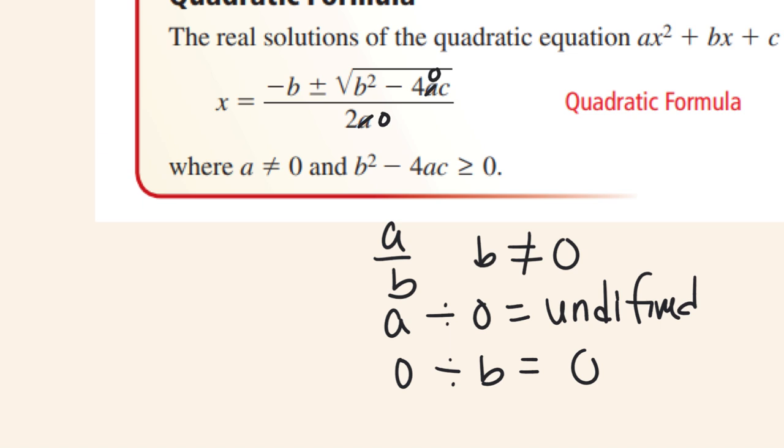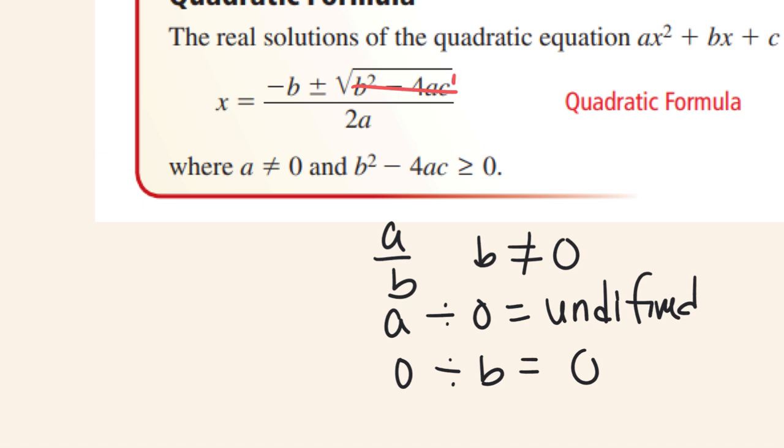And b squared minus 4ac needs to be greater than or equal to 0. Why? Because this can be 0, but it cannot be less than 0.